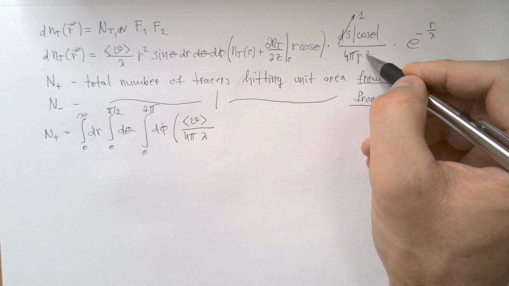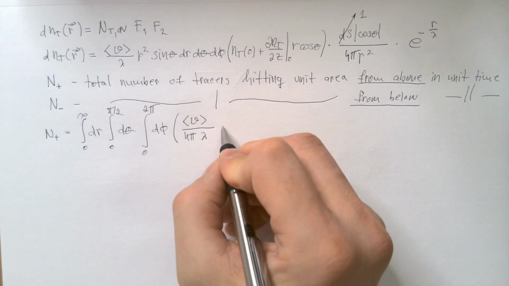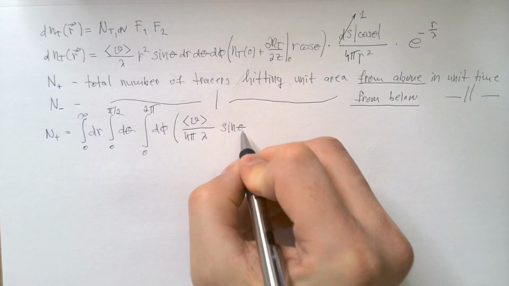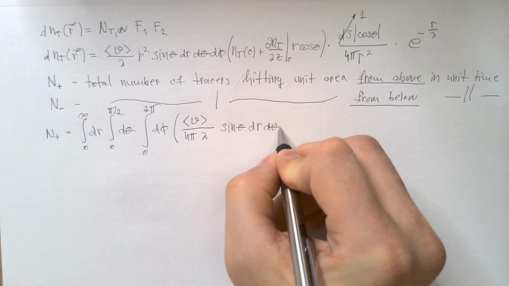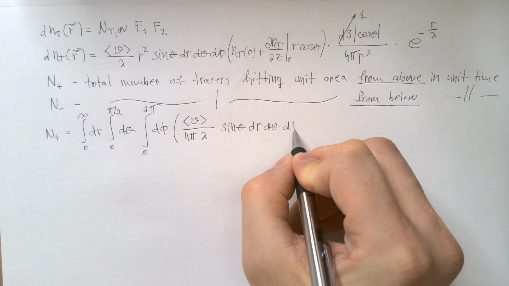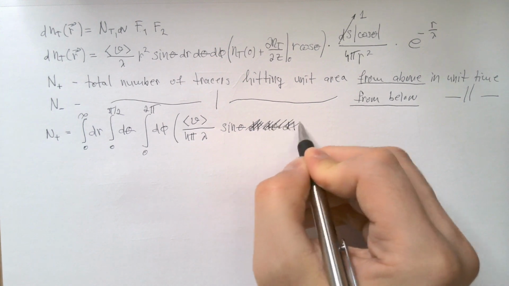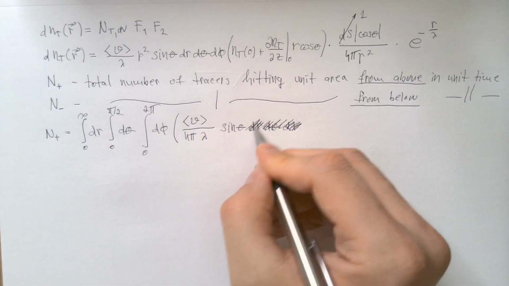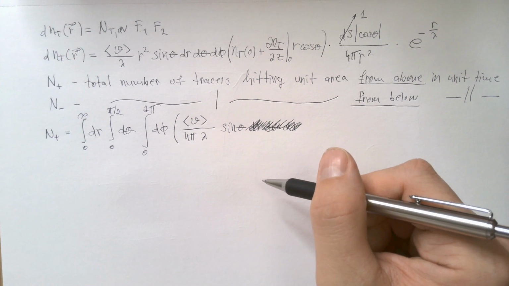Notice that this r squared can cancel with this r squared. So I will just get sine theta, sorry, there is no dr, d theta, d phi. I move them here. You see, this is what happens when you're doing things live.